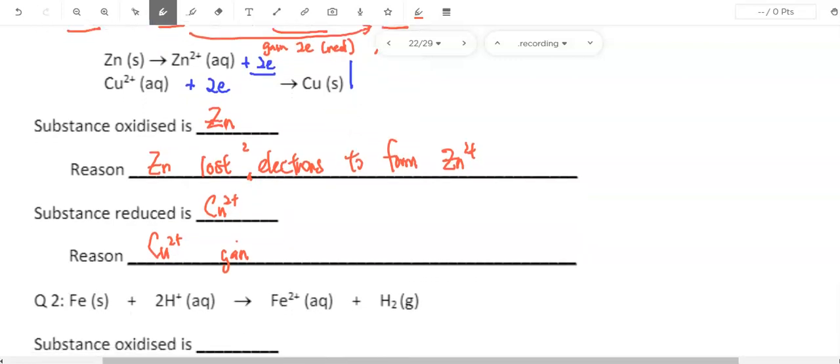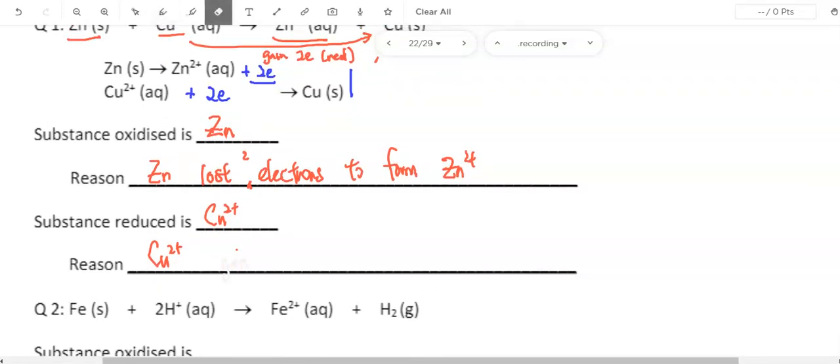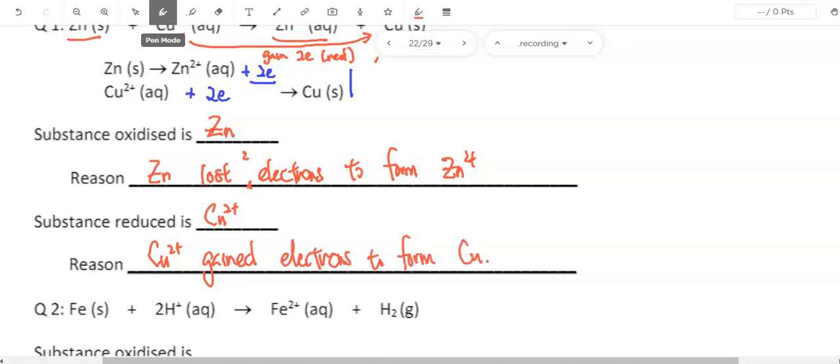Let me scroll down a bit more so that it's clearer. Gain electrons to form Cu. You want to be more precise again? Yes, you can say gain 2 electrons. So this is how you go about explaining it.